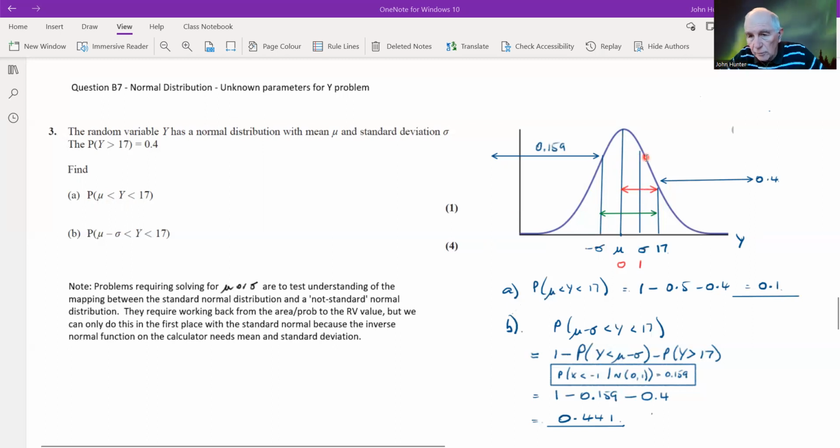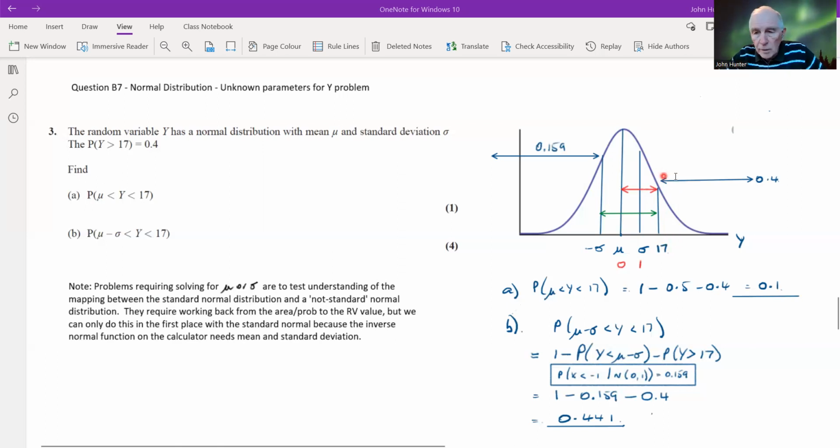Actually, not quite in the right place. They should be at the point of inflection, where the direction of the curve changes the other way. Not quite right, but near enough. And here's 17. I've shown it as being outside sigma. We don't actually know that, but it won't matter for the purpose of the question.